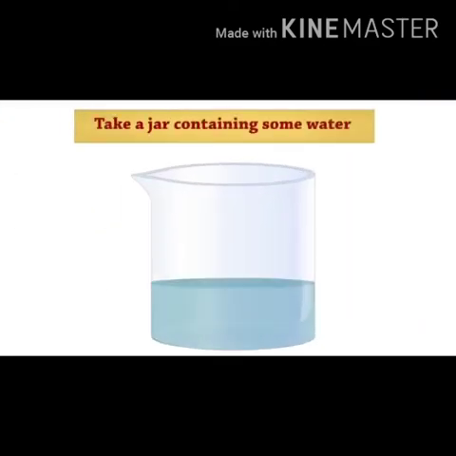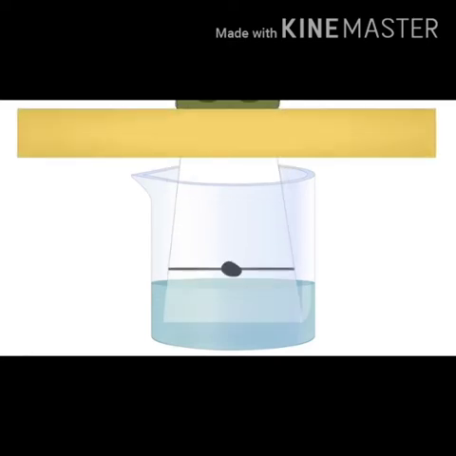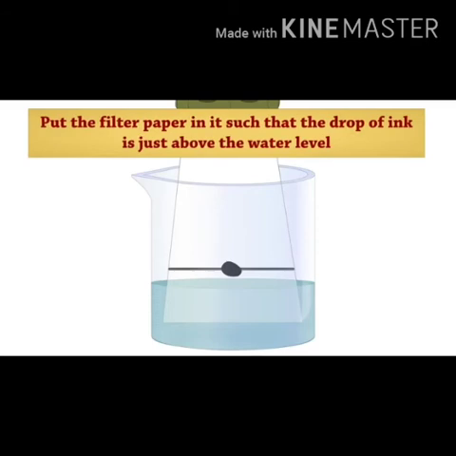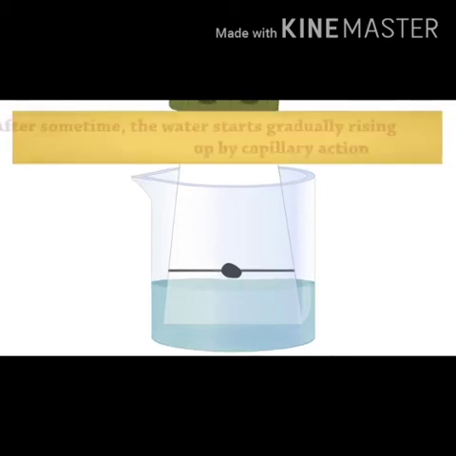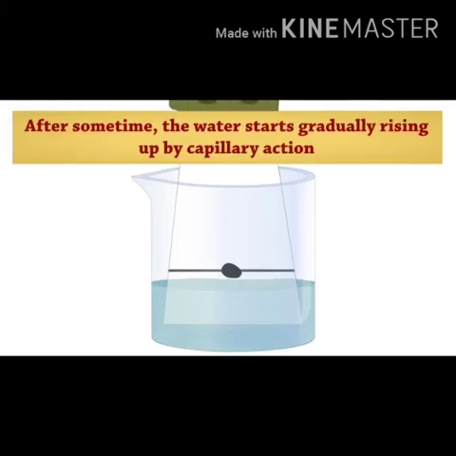Take a jar containing some water. Put the filter paper in it, such that the drop of ink is just above the water level. After some time, the water starts gradually rising up by capillary action.